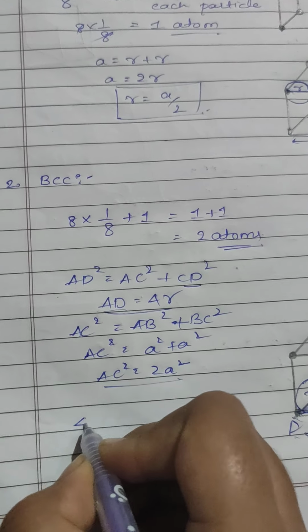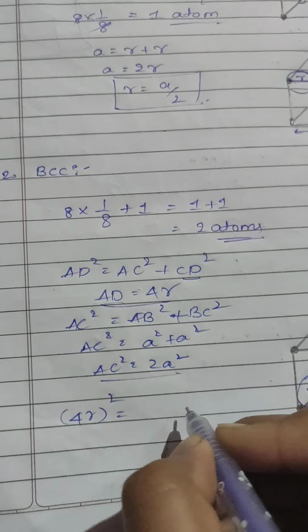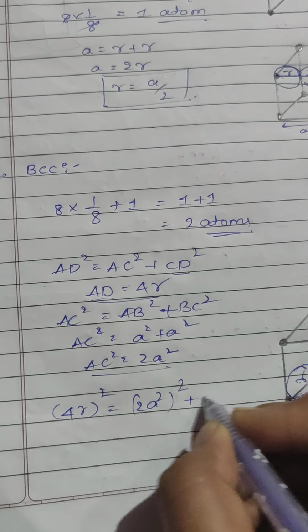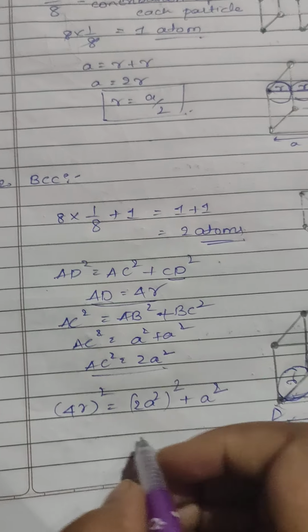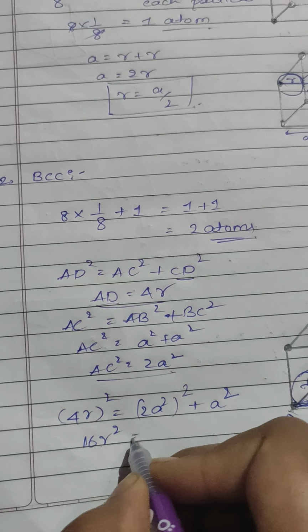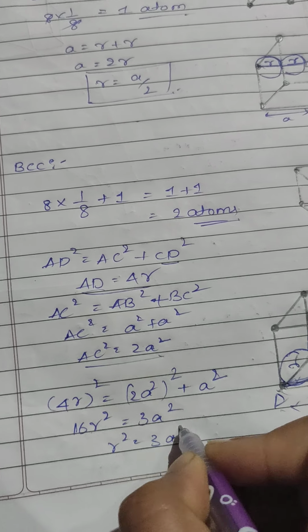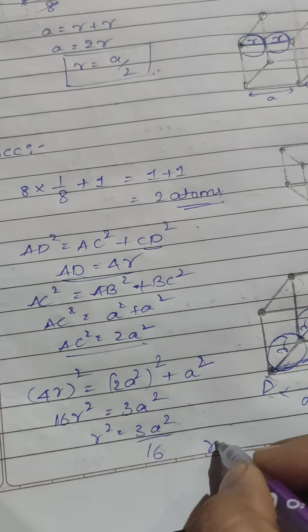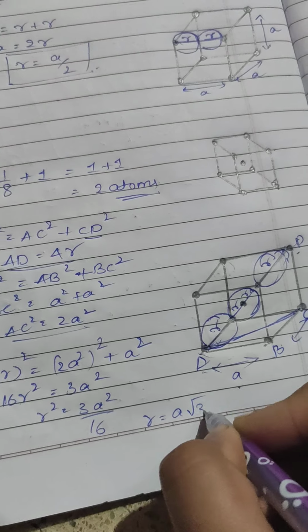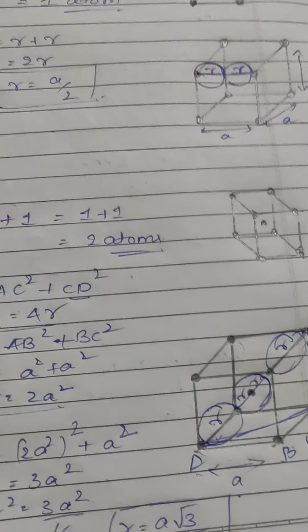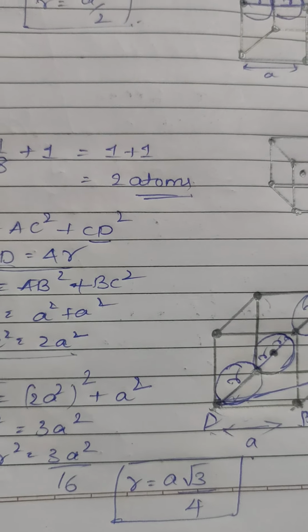On substituting, that will be 4R square is equal to 2a square plus a square. Calculate it so that you will be getting R is equal to a root 3 by 4. This will be the radius of the body centered unit cell.